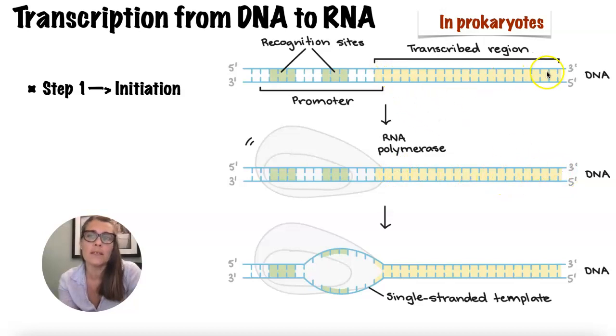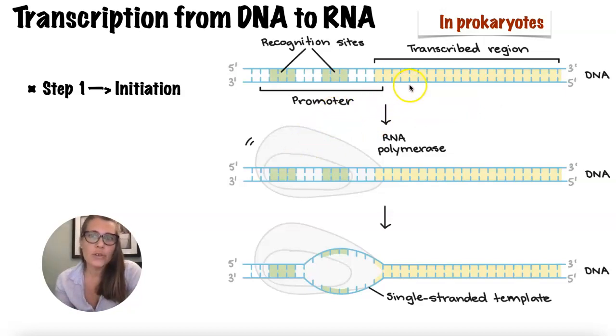Let's pretend this yellow area is the gene that codes for the color of my eye, and we need more pigments, so we need to transcribe this. We are in prokaryotes, so it's not that gene, but just so you understand, the concept is the same.